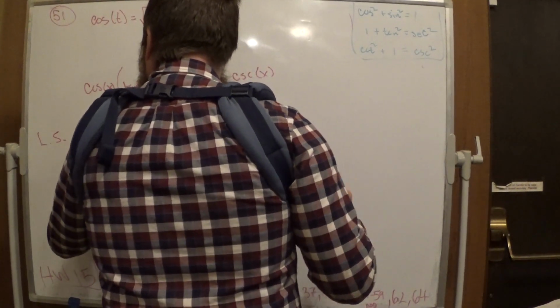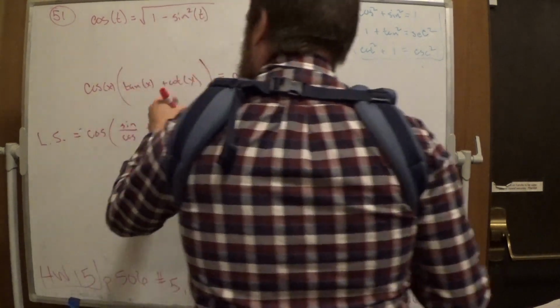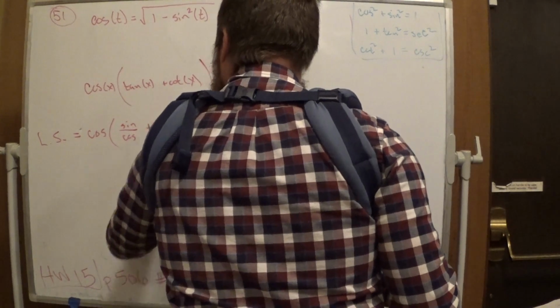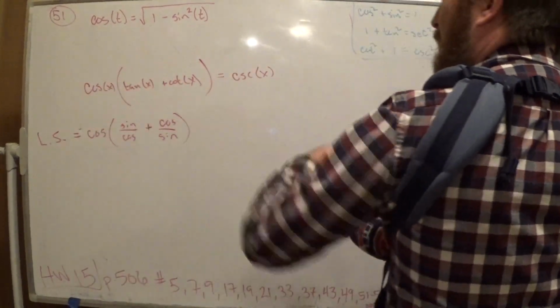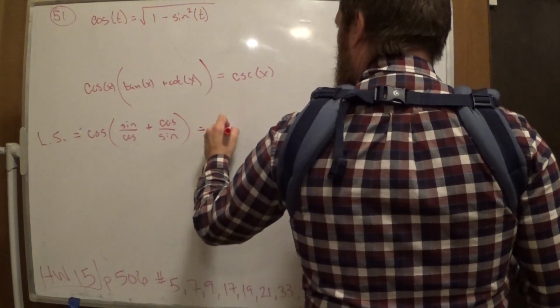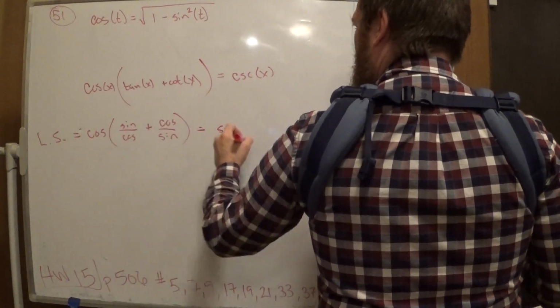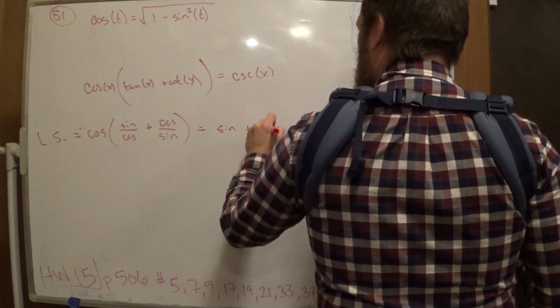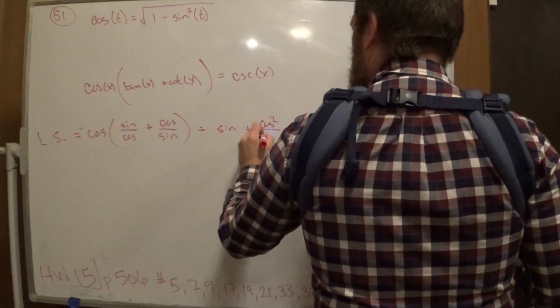So this is sine over cosine plus cotan is cosine over sine. Now let's multiply through. That kills that. That gives me plus cosine squared over sine.